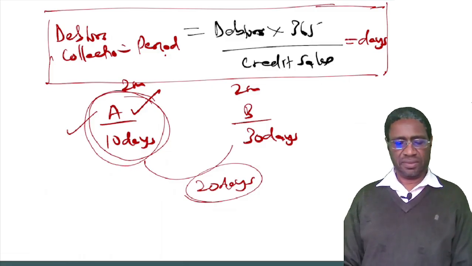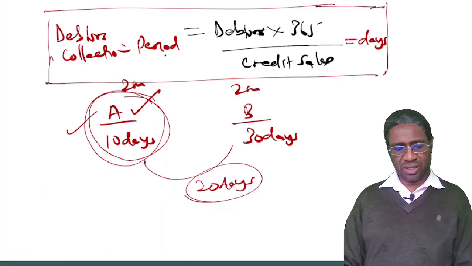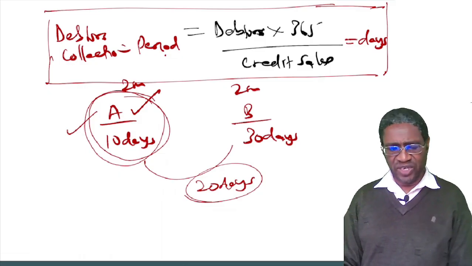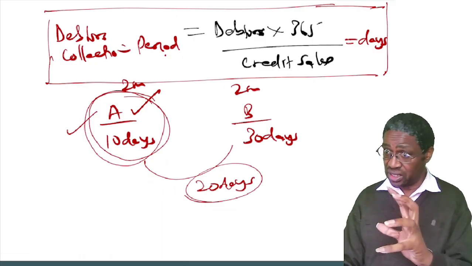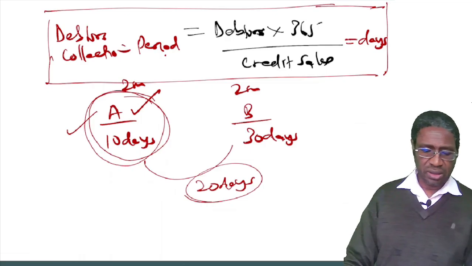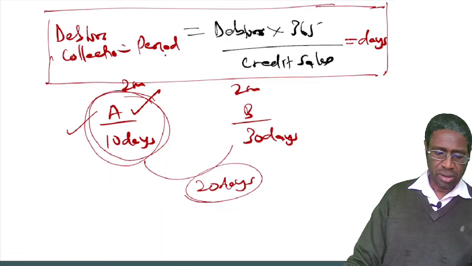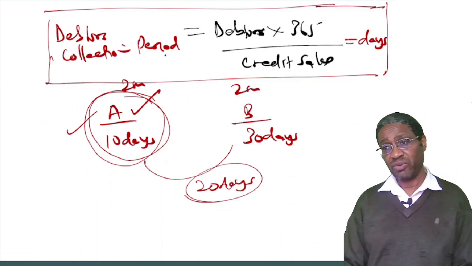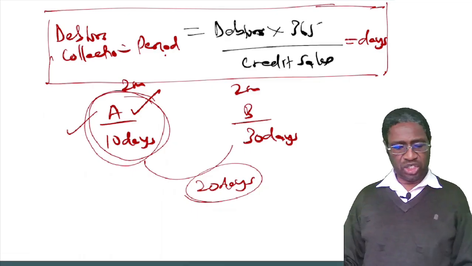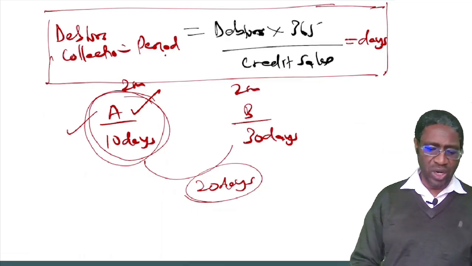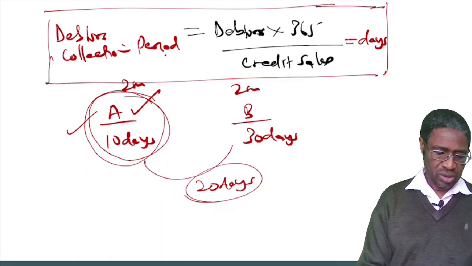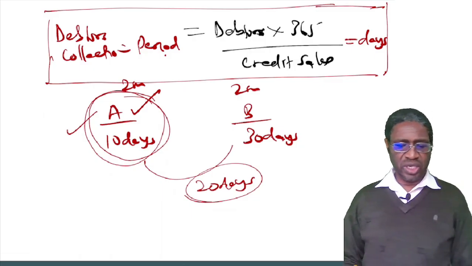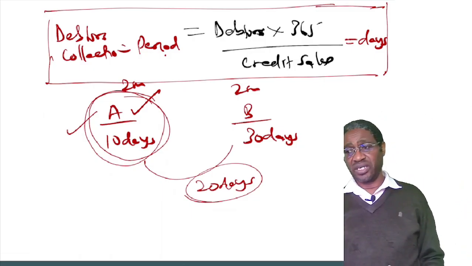Say this: this ratio indicates the number of days it takes to collect from debtors.